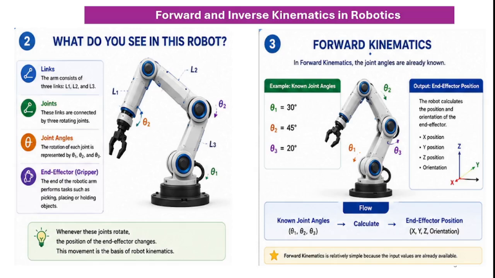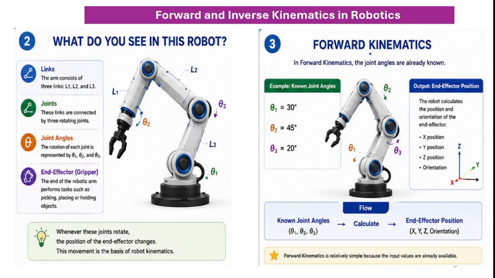The end of the robotic arm is called the end effector or gripper, which performs tasks such as picking, placing, or holding objects. Whenever these joints rotate, the position of the end effector or gripper also changes. This movement is the basis of robot kinematics.